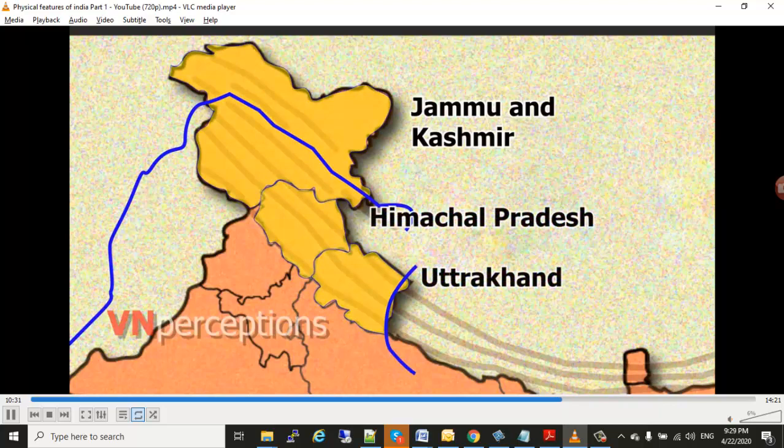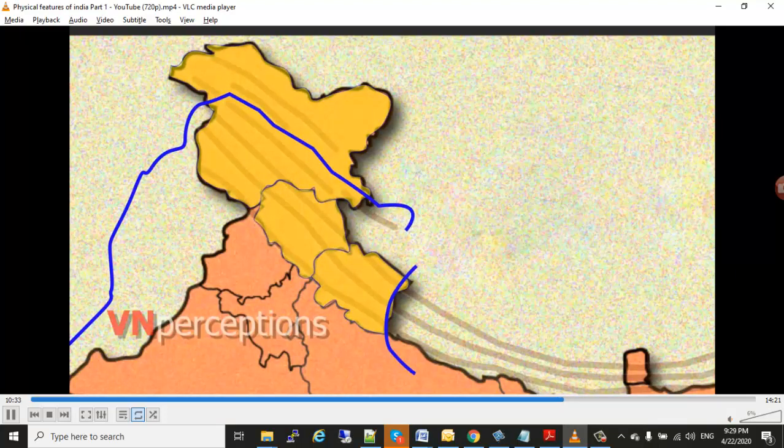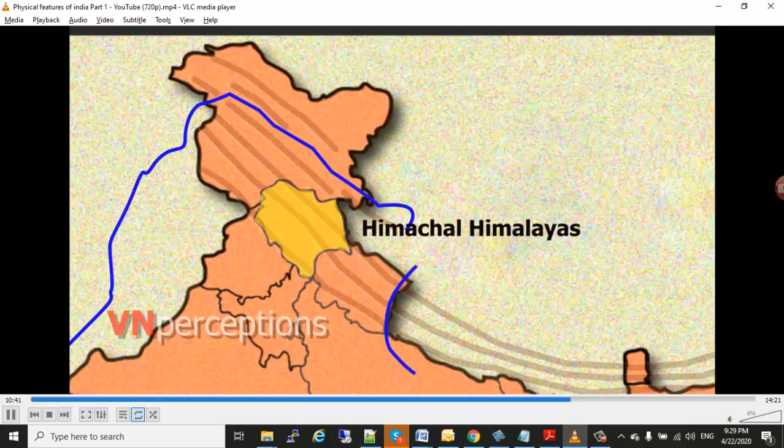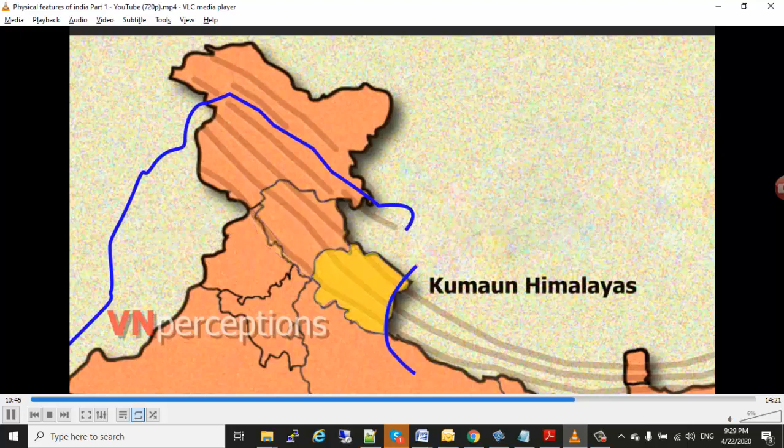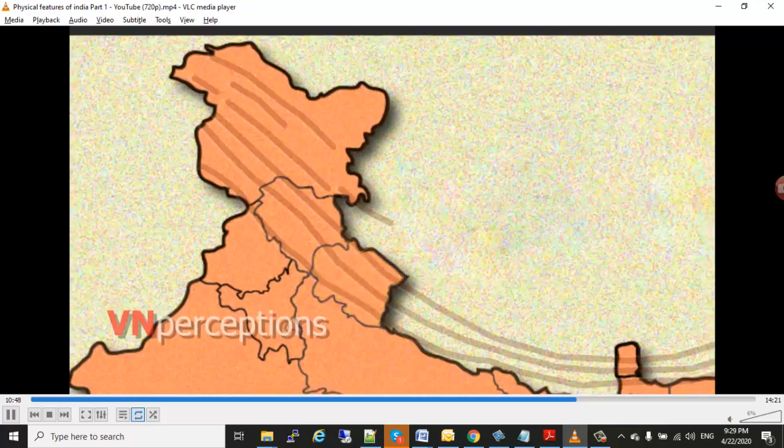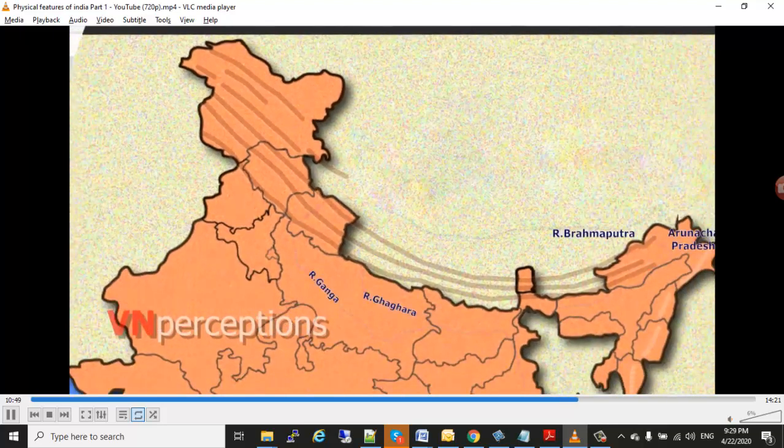The Western Himalayas can be further divided on the basis of regions such as the Kashmir Himalayas, Himachal Himalayas, Punjab Himalayas and Kumaon Himalayas.